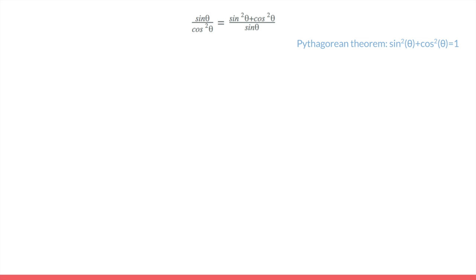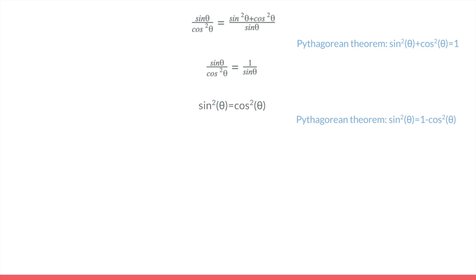Next, we can cross multiply to get rid of the fractions, and we're almost finished. We'll end up with sine squared theta equals cos squared theta. Finally, let's put all our terms in terms of either sine theta or cosine theta. Again, we can use the Pythagorean identity, sine squared theta plus cos squared theta equals 1, rewritten as sine squared theta equals 1 minus cos squared theta.